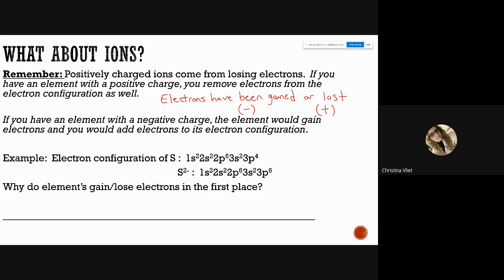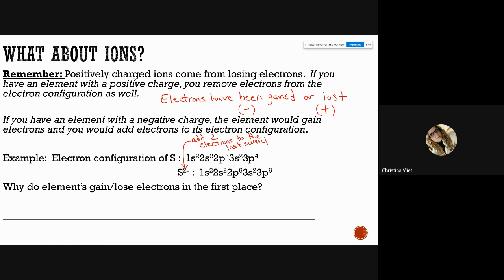But the idea is that if you see a 2- charge, that literally means add 2 electrons to the last sublevel. So at the end, if I'm adding electrons, I can only add them at the end because everything else is full. So why do elements gain those electrons?